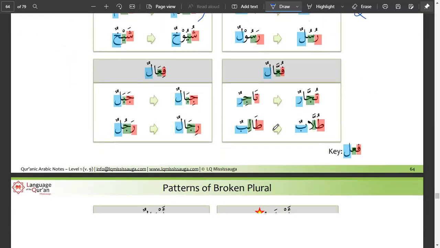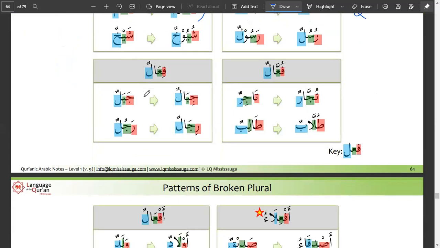And the third pattern is fi'alun. Jabalun, jibalun. You see here, Jim is on the pattern of fa. Ba is ain, and lun is lun.